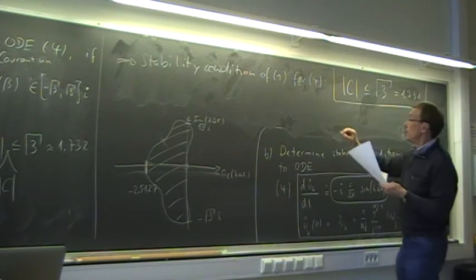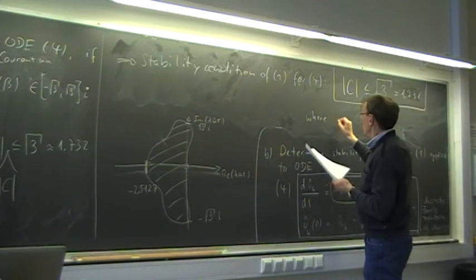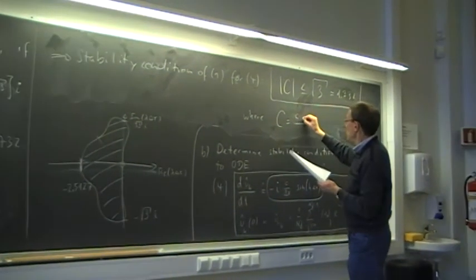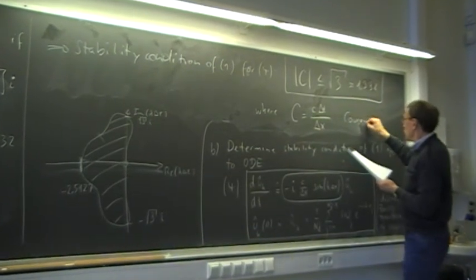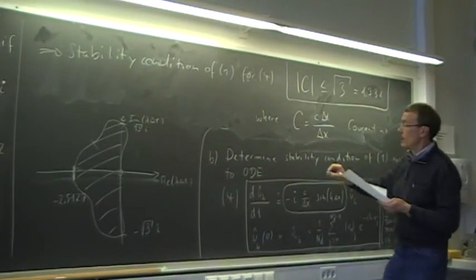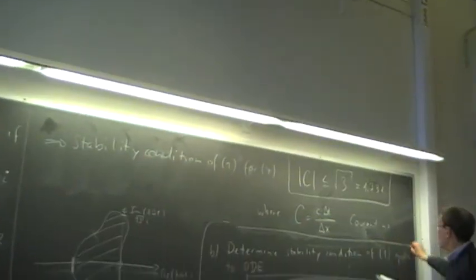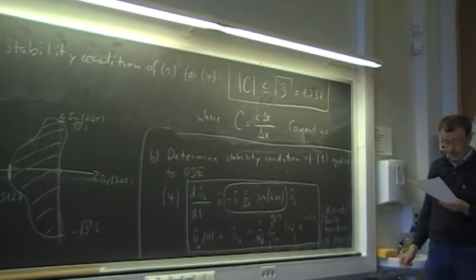And remember, the Courant number was C delta t divided by delta x. So that is our Courant number. So that is the stability condition.